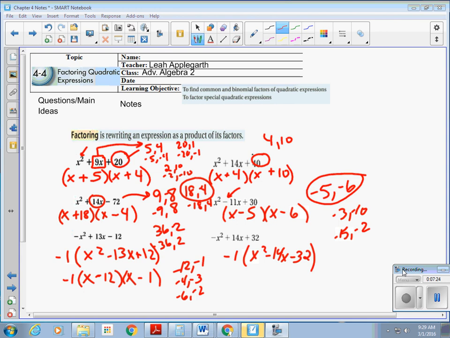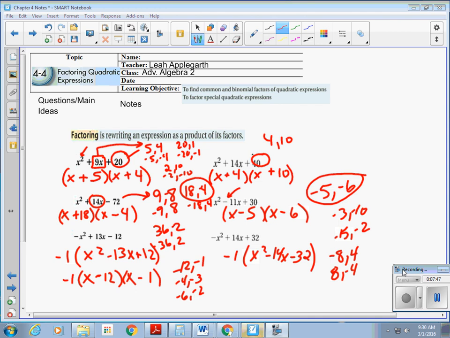In this case, I want two numbers that multiply to give me negative 30, so I know that one has to be negative and one has to be positive. So negative 32, that's like 8 and 4, or positive 8 and negative 4.